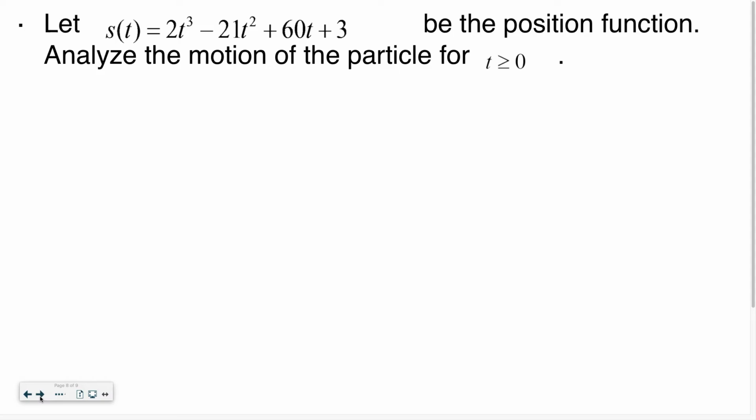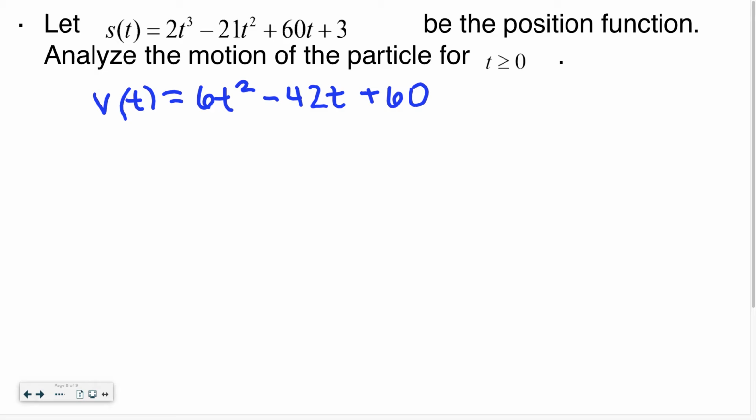Okay, so our velocity. All we have to do is take the derivative. If we take the derivative, we're looking at 6t squared minus 42t plus 60.